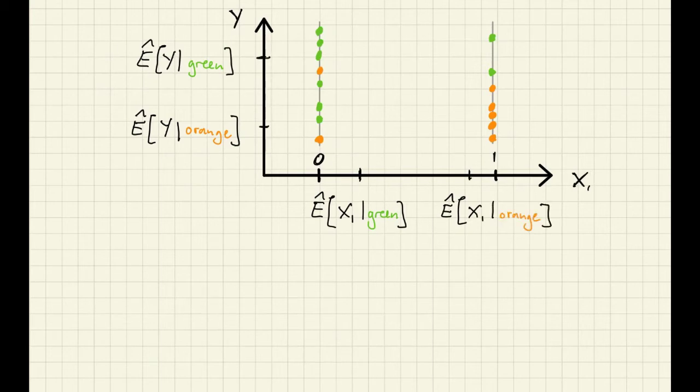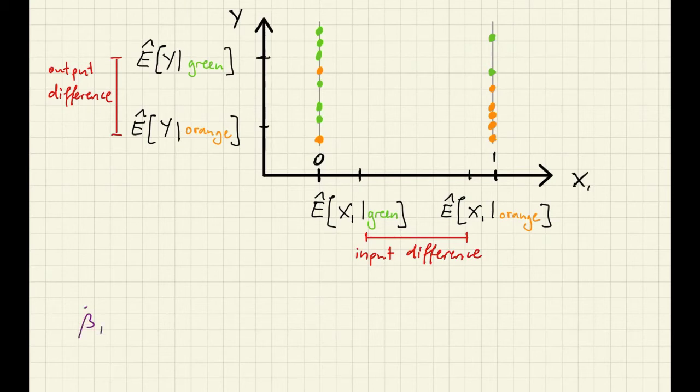Again, we have an output difference and an input difference. We can construct an effect estimator, beta 1 hat IV, and here I'm writing IV to make explicit that this is not the OLS estimator. And this will be equal to the output difference divided by the input difference.